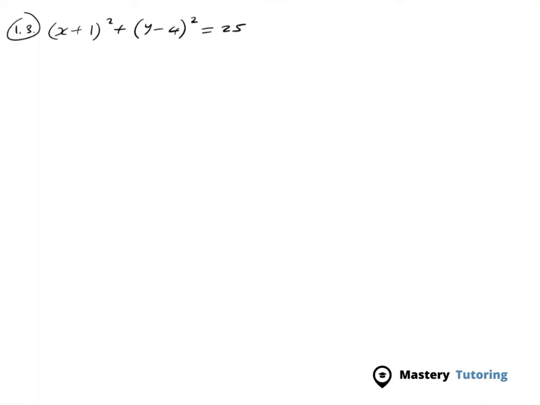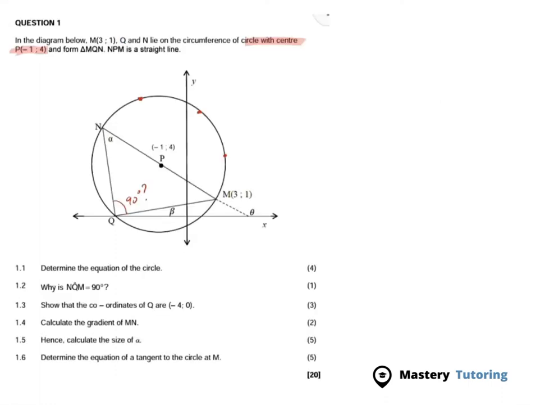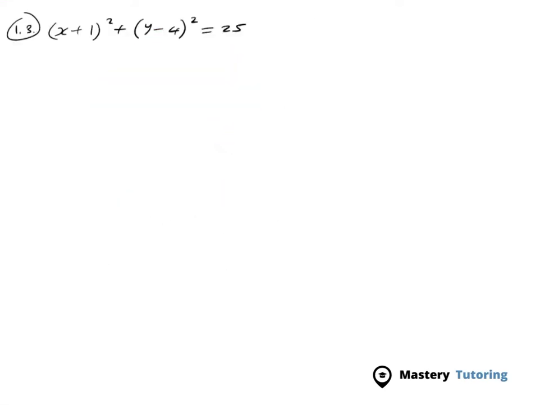From this circle, we know the coordinates of Q are going to be x and 0. The y value is 0 because Q is along the x-axis, and y values along the x-axis are zeros. So Q is x and 0.